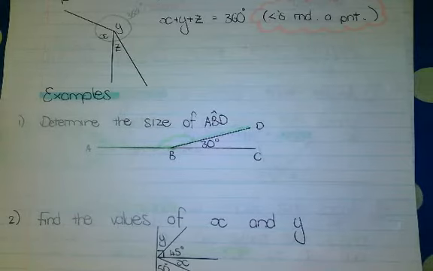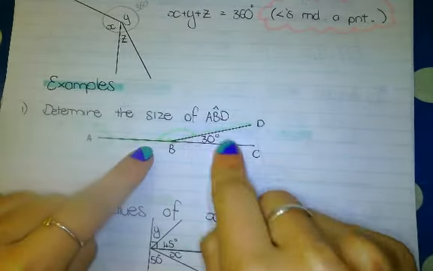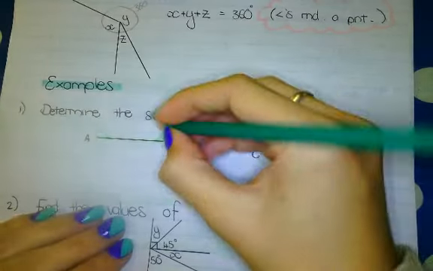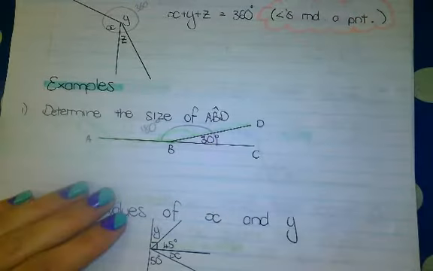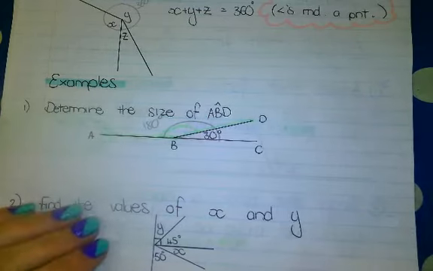Now looking at this diagram, we can see that ABC is a straight line, and we know that together these 2 angles should make 180 degrees. That whole angle should be 180 degrees. So we're going to use the fact that these 2 angles must add up to 180.